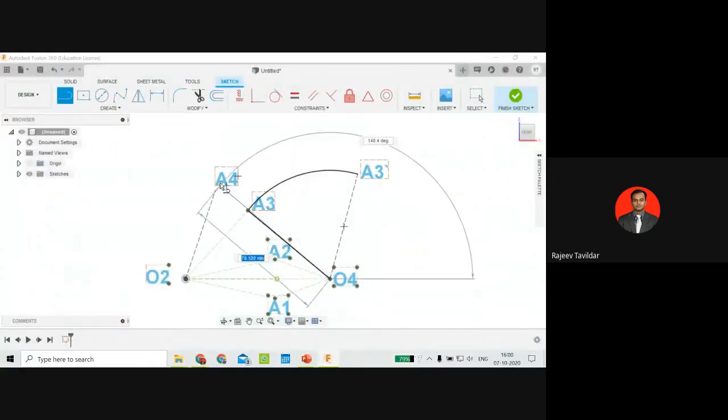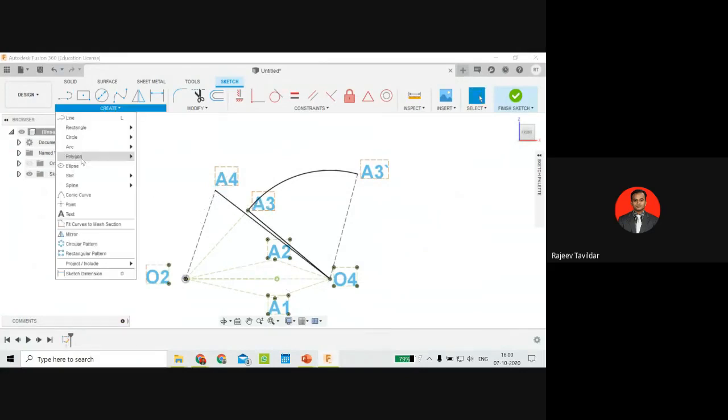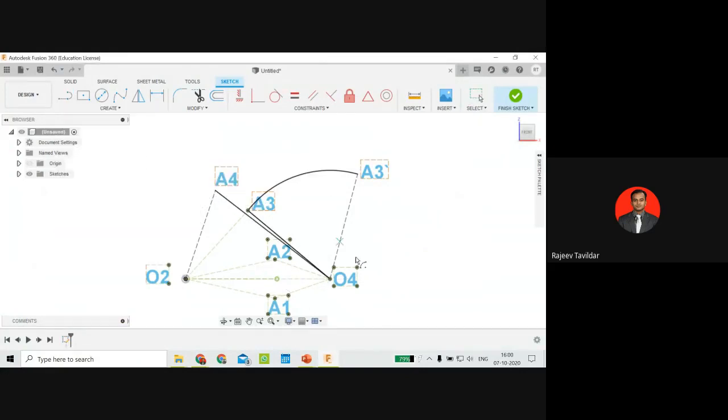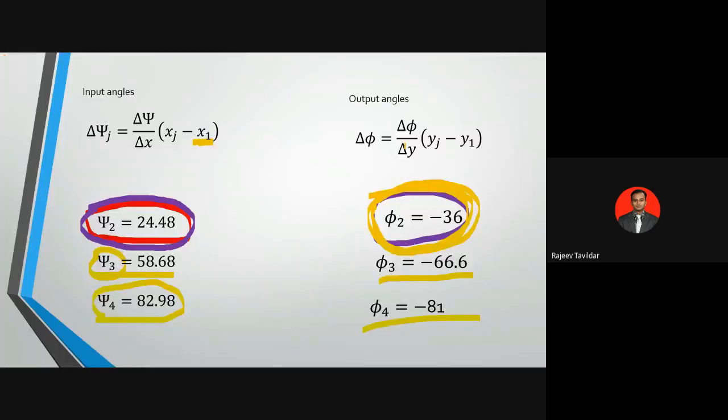I'll join O4 and A4. And I'll draw an arc by rotating it by, what was the degree? 81.